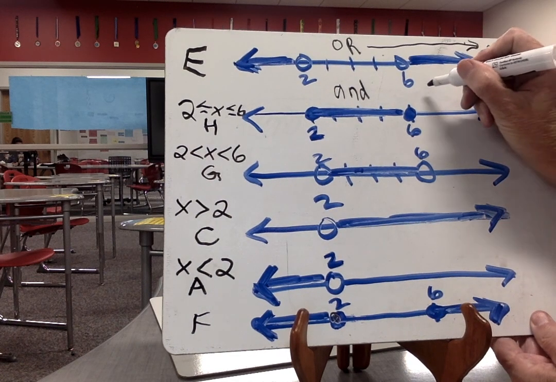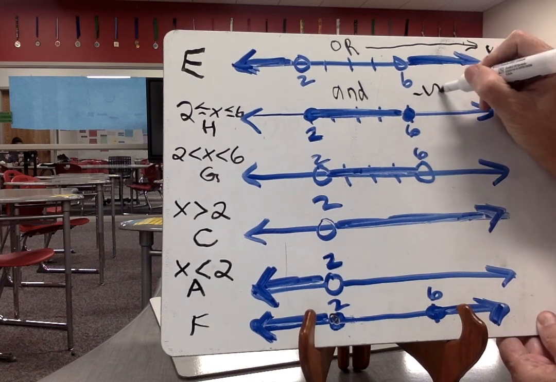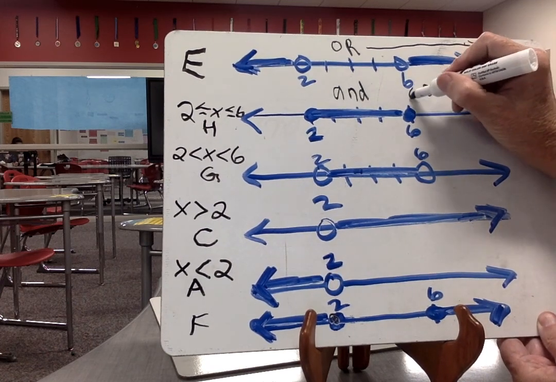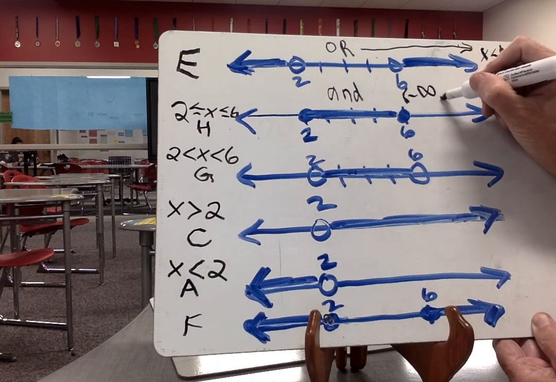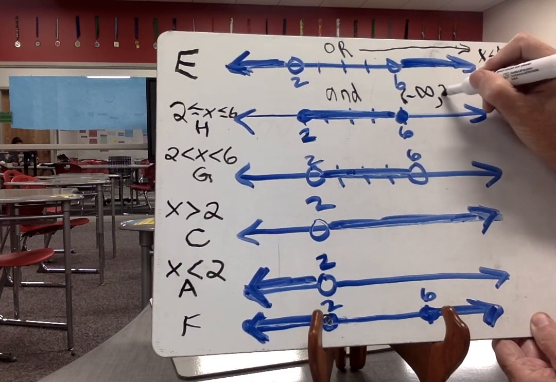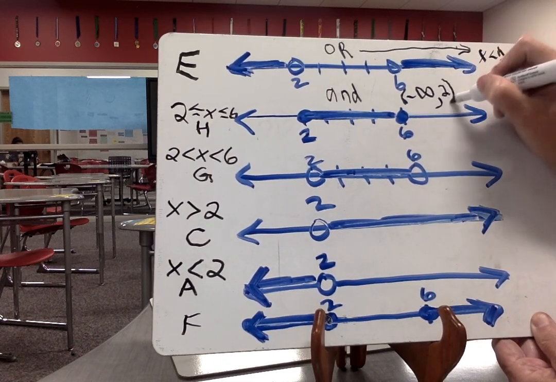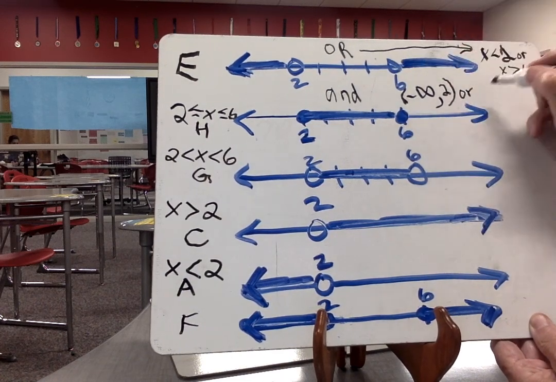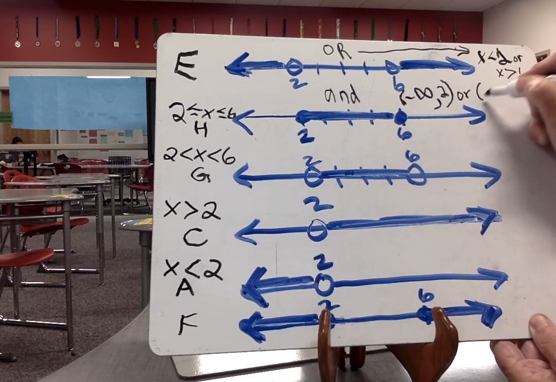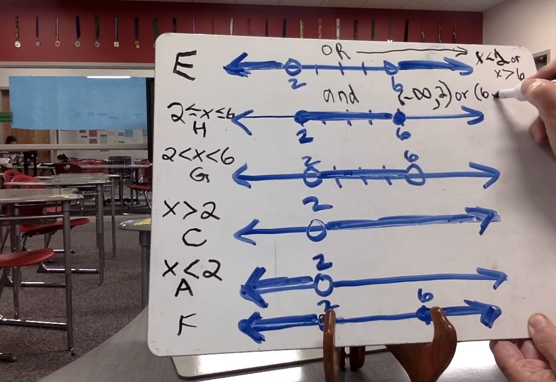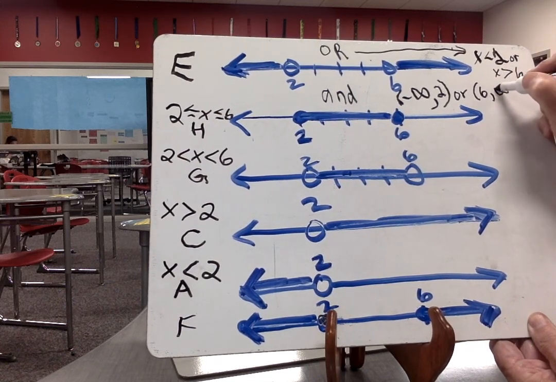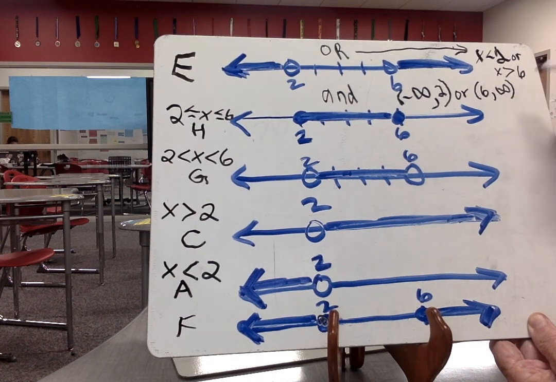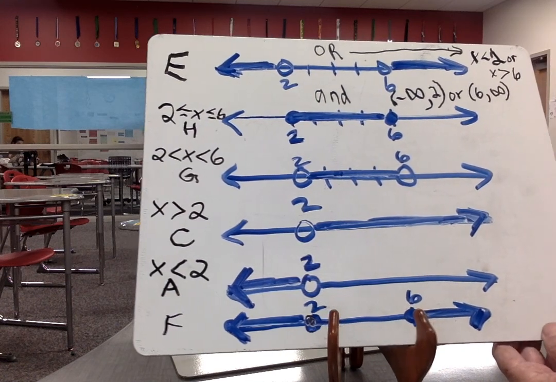So we go negative infinity, and infinity is always a parenthesis, comma, and 2 is not included, so it's a parenthesis and not a bracket. Or 6 again is not included, so it's just a parenthesis, and then positive infinity. And again, infinity is a parenthesis.